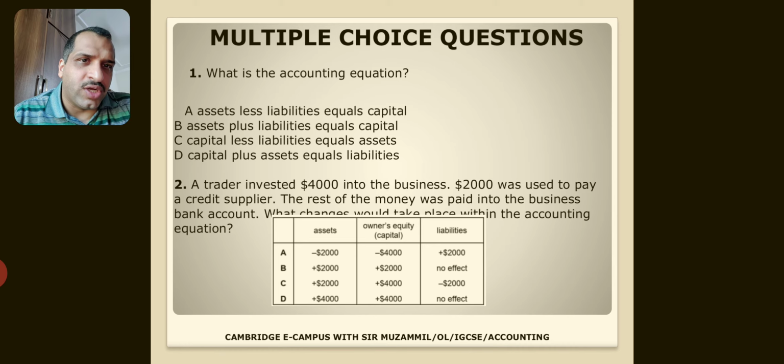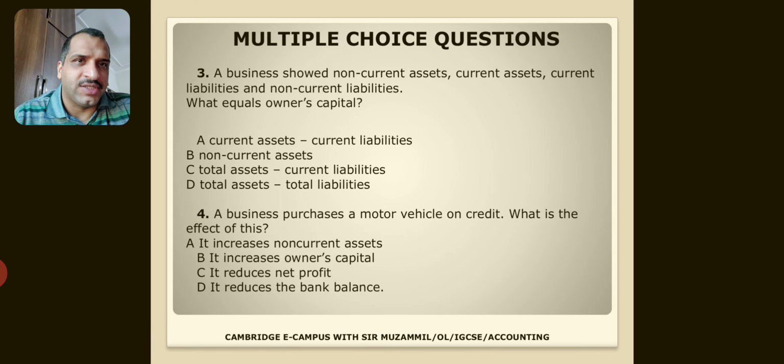The owner has invested a total of 4,000, so 4,000 plus and 2,000 plus. And what about liability? The liability effect is the 2,000 you have paid, so liability is decreasing by 2,000. So C is the right answer: asset 2,000 plus, owner's equity 4,000 plus, and liability 2,000 decrease.